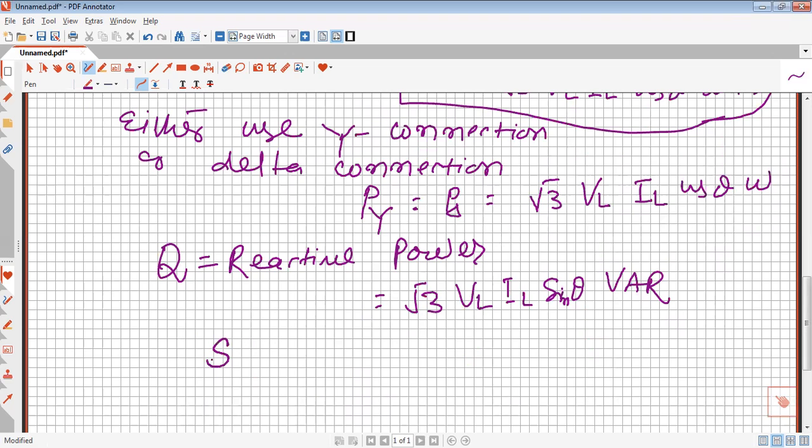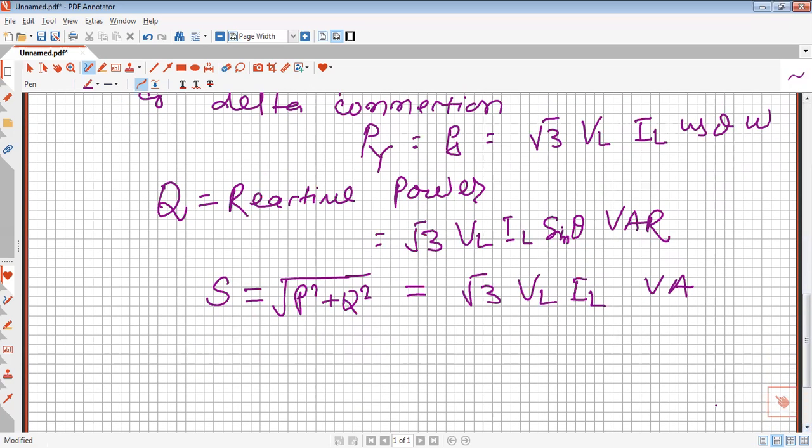And apparent power S will be equal to under root P square plus Q square, which is equal to root 3 times VL into IL, and its unit will be volt ampere. So these are the relations which we have derived here. In case of star and delta, we have made 3 videos for this connection. So power and the relation between line and phase voltage have been discussed. In the next video, I will discuss numericals based on star and delta connections.